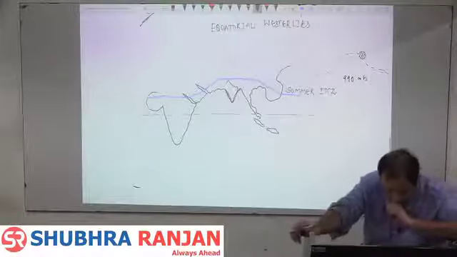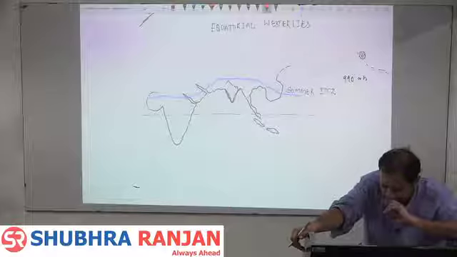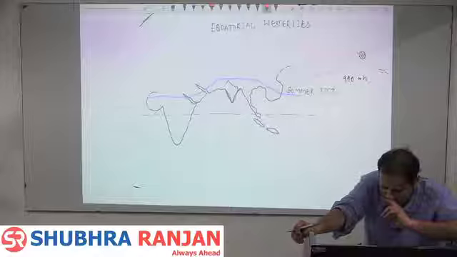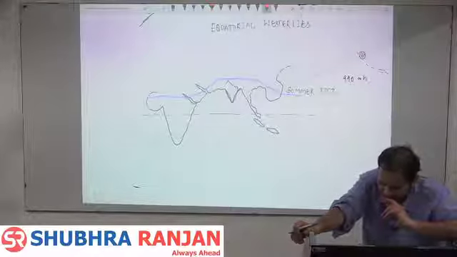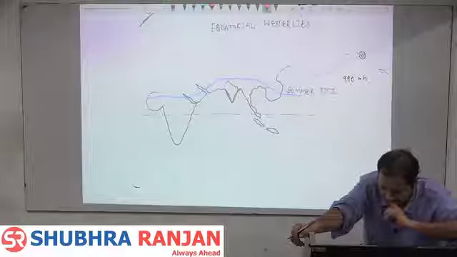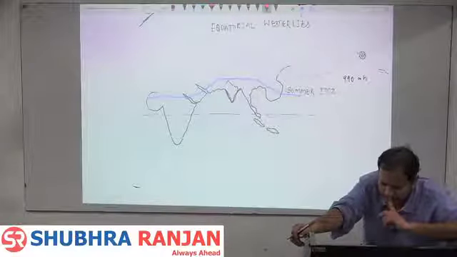In the month of July, the position of ITCZ is located around 20 to 25 degrees north latitude.